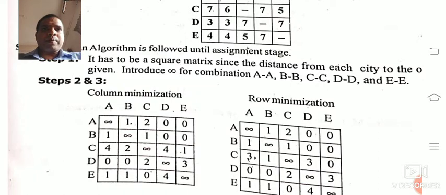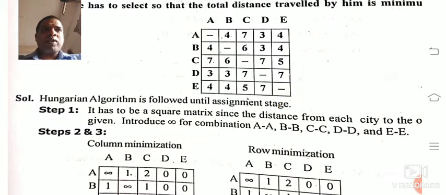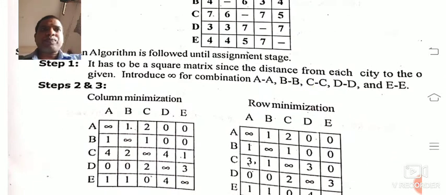In step 2, we are going to minimize the columns. Here 5 columns are there. How are we going to minimize the column? In column A, the minimum element is 3, so we subtract 3 from all the other elements. Then column A becomes infinity, 1, 4, 0, 1.